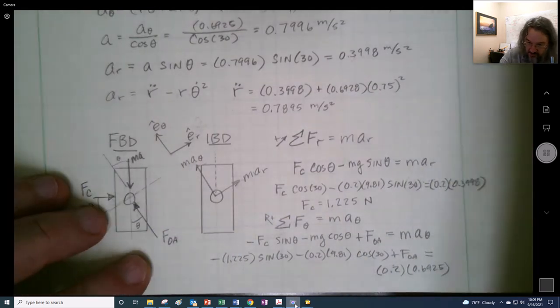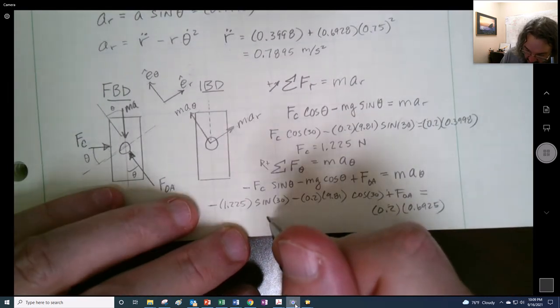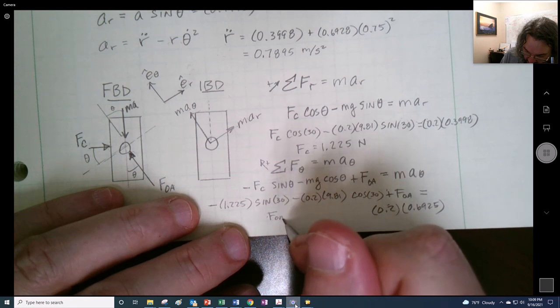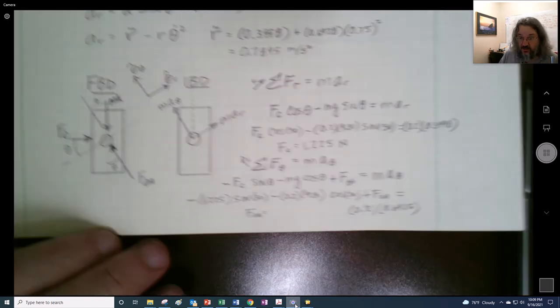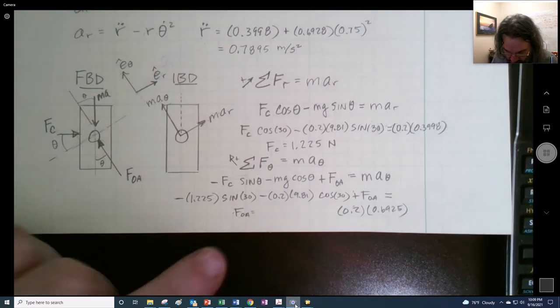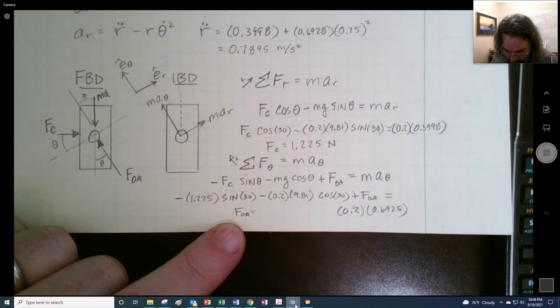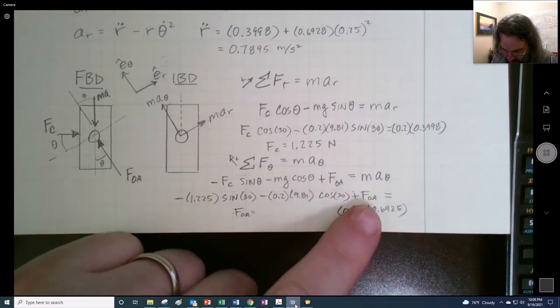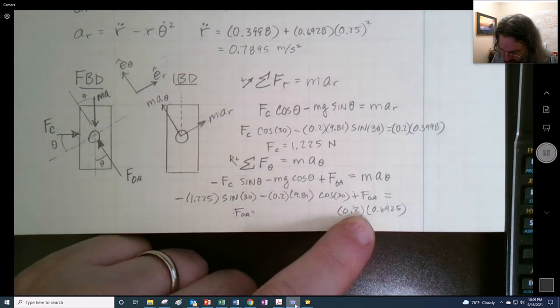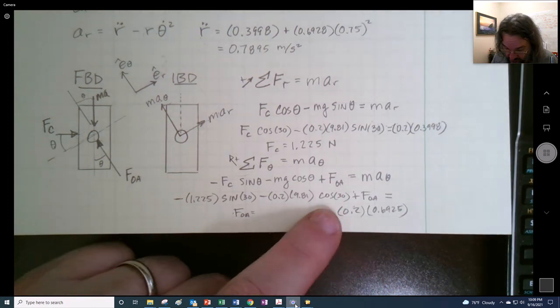Okay, so what we find is that FOA is going to be equal to, I'll start over here, 0.2 times 0.6925. Enter. Alright. I didn't multiply, but there you go. Multiply.